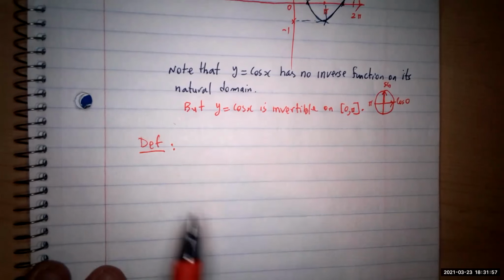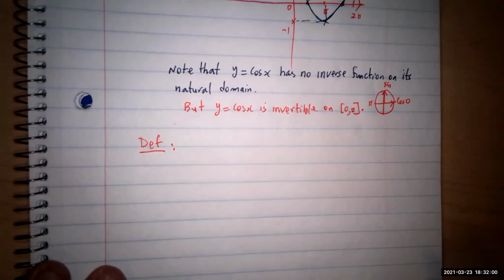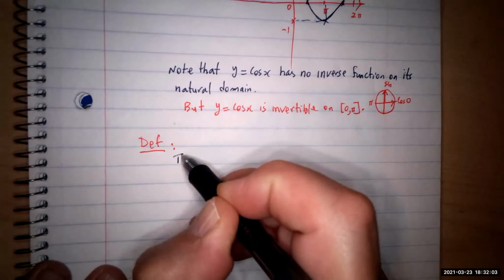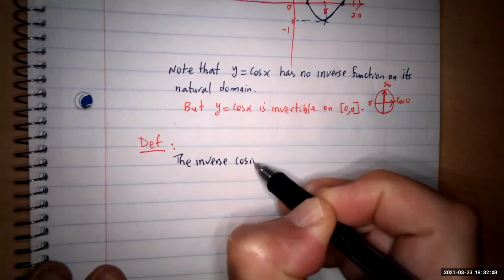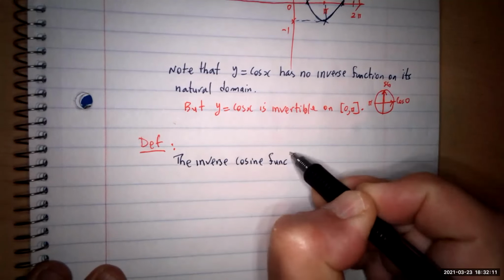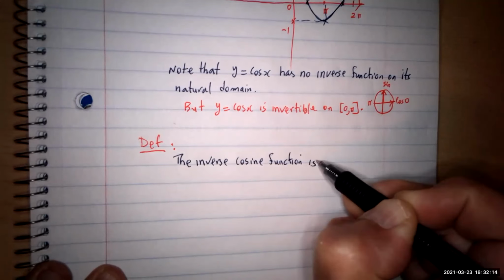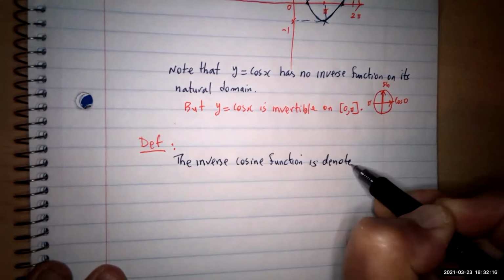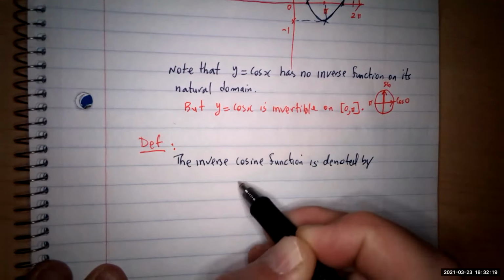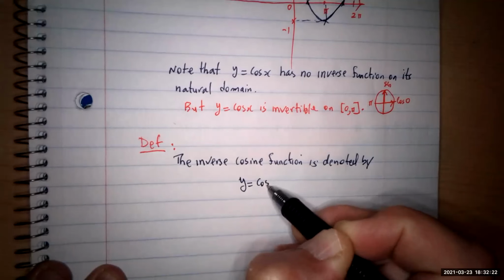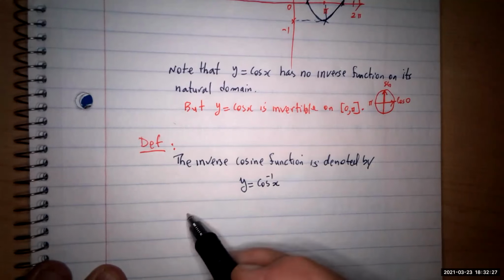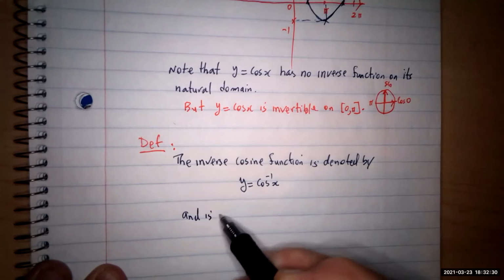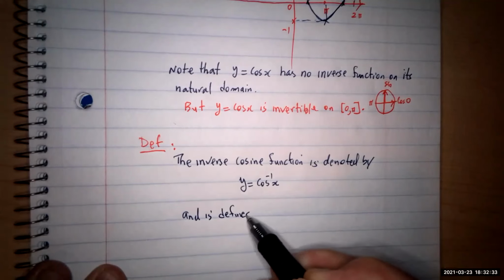Okay, so now we can give you the definition of the inverse cosine function. The inverse cosine function is denoted by y equal to cosine inverse of x, and is defined by, you know that we have to switch it again.